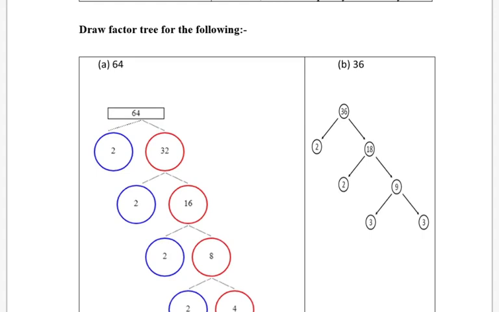We can write it as 2 eighteens are 36. 36 divided by 2, definitely your answer will be 18. Then 18 can be written in the form of 2 and 9, because 2 nines are 18. And the last one, 9, we can write as 3 multiplied by 3, because 3 is also a prime number, as it has only two factors, 1 and itself. This is the way we solve the factor tree of the following examples.